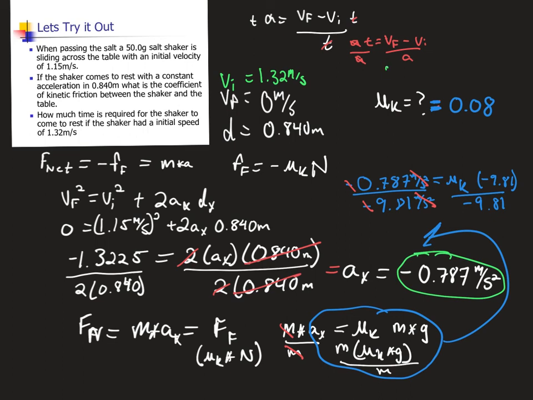Putting in my knowns, minus 1.32 divided by my negative acceleration of 0.787, I will have an answer of 1.68 seconds to finish off my next part of my question.